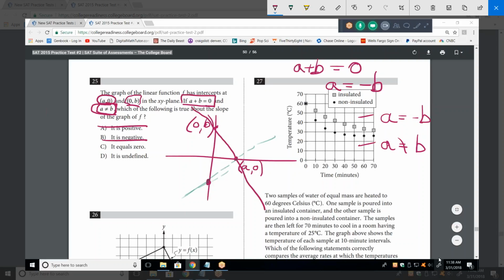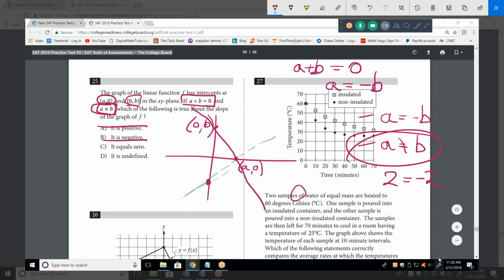So I could play around with making up some numbers. Let's make an A of 2, and that means B is minus 2. Well, that means this can't be true. So these two statements are a little contradictory.